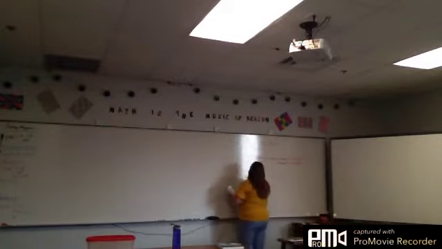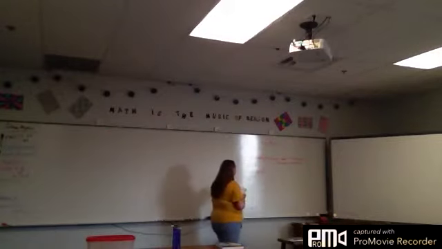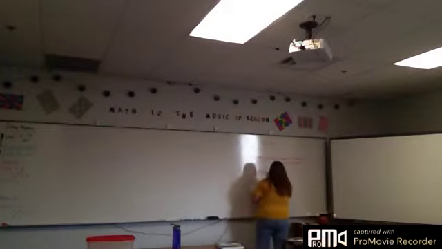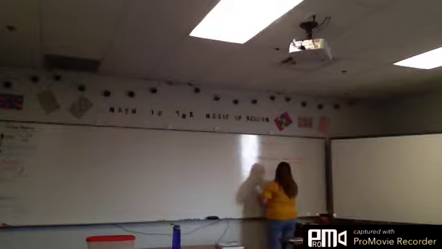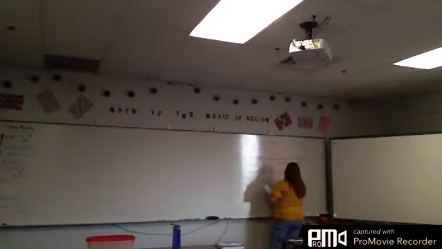The probability of A union B equals the probability of A plus the probability of B minus the probability of A and B.